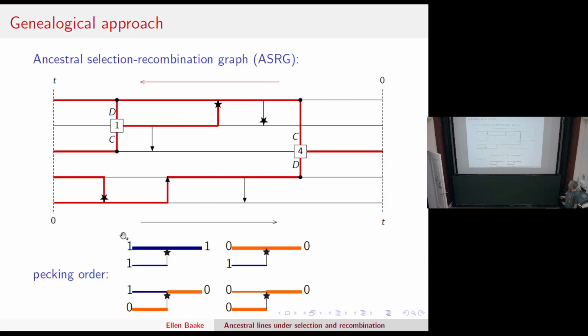If the individual at the tail of the arrow, we call that the incoming line, is good, orange, then it will be the parent of this individual at the tip, regardless of the type of the other line. And if the incoming line is bad, then the continuing line, the one at the tip of the arrow, is the parent, regardless of its type.